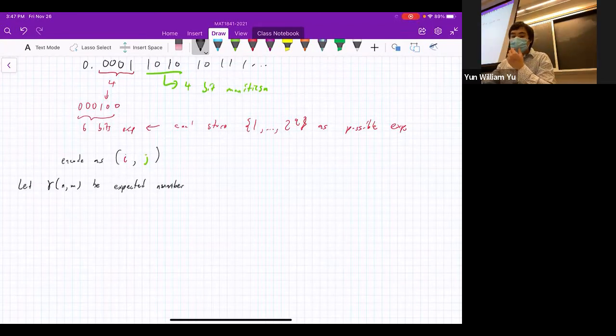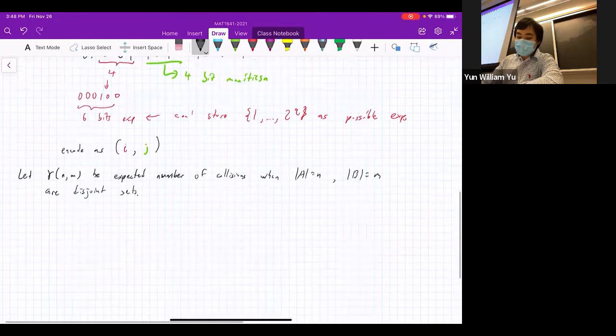But this proof generalizes nicely to multiple buckets, which is why I'm writing it in this way. The expected number of collisions when the size of A is equal to n and the size of B is equal to m, where they are disjoint sets, with a random oracle hash function.